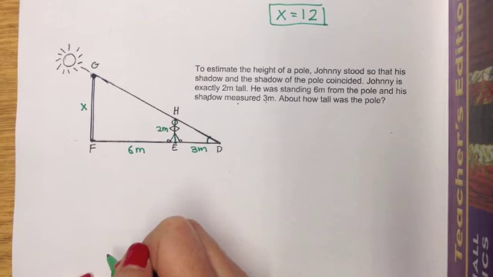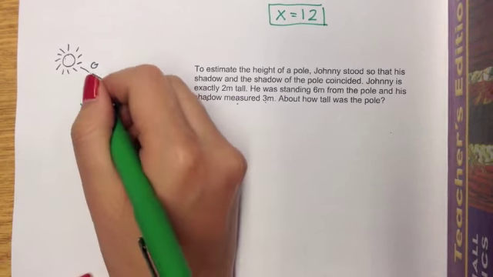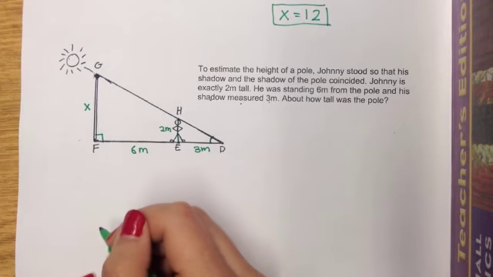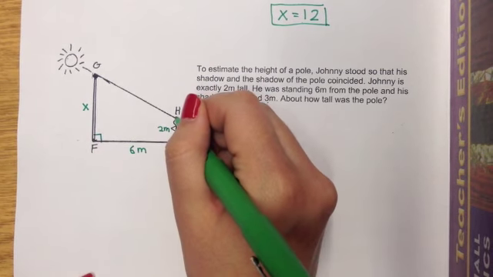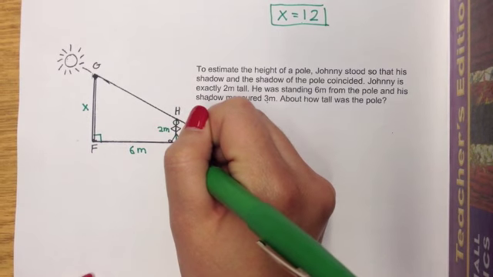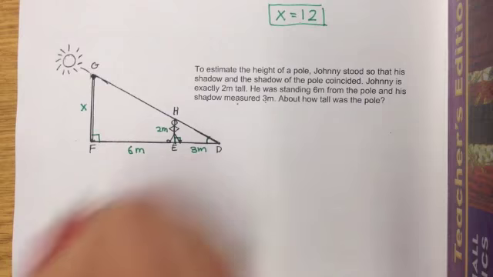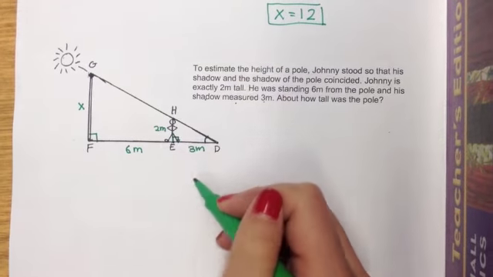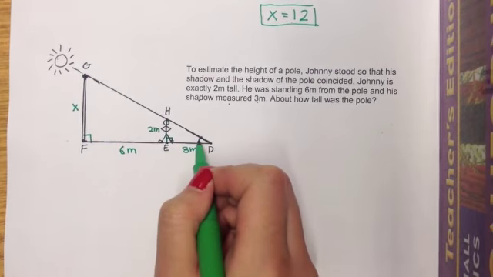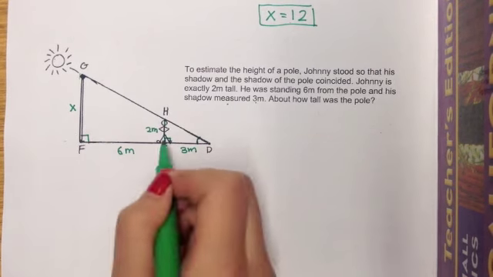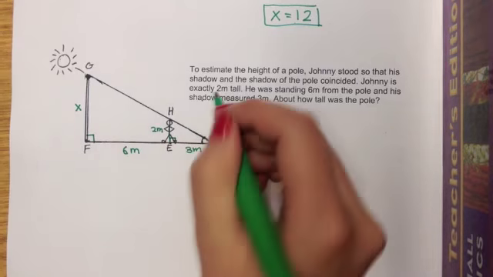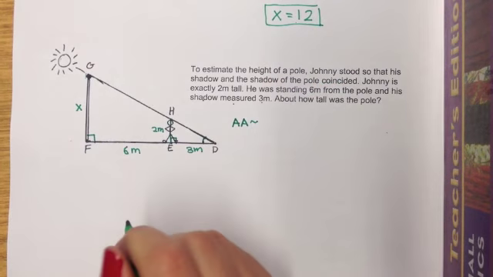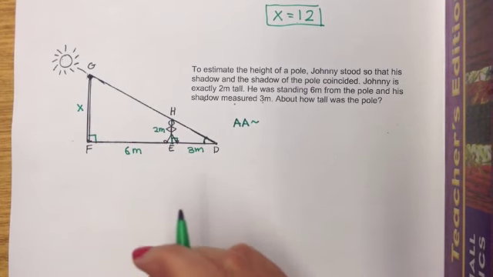We can also conclude that poles are usually perpendicular to the ground, so let's say that this is 90 degrees, and people tend to stand perpendicular to the ground, so we can also say that this is 90 degrees. So just like the example before this problem, we have a corresponding angle, and another set of corresponding angles congruent. So we can conclude that the triangles are similar by the angle-angle similarity postulate.